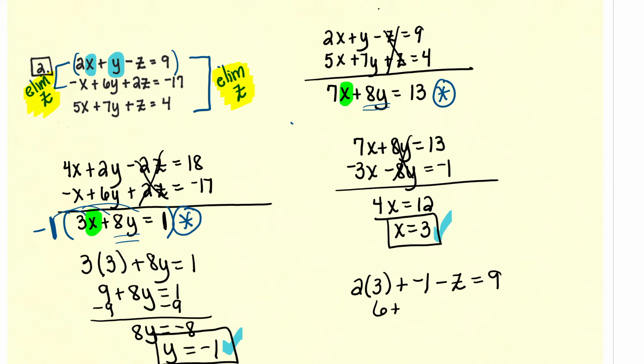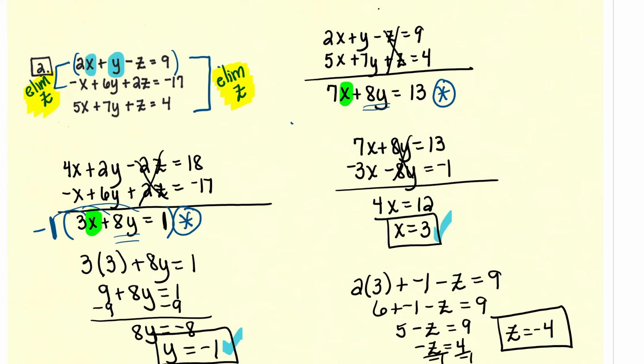So 6 plus negative 1 minus z is equal to 9. 5 minus z is equal to 9. Subtract that 5 over, so negative z is 9 minus 5, which is 4, but then I need to divide by negative, so z is negative 4.